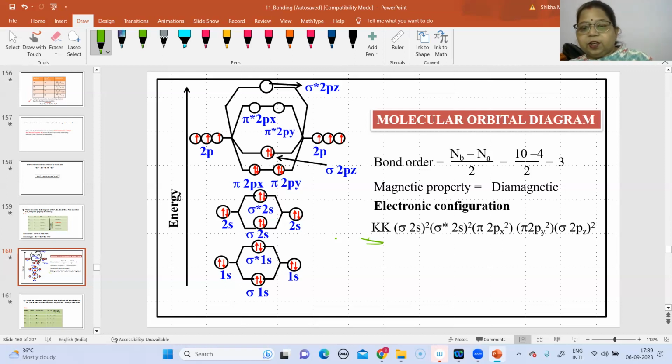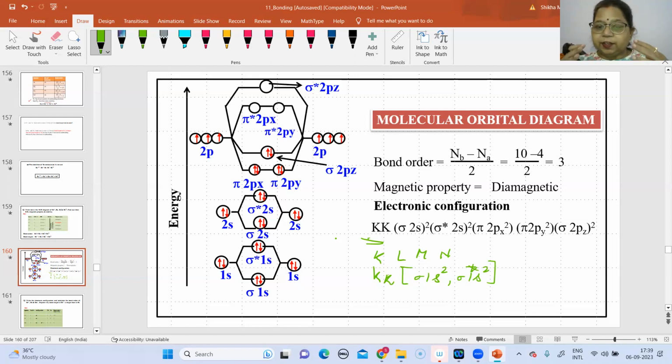Do you remember the atomic orbitals were named as K, L, M, N also? KK means we are talking about the first orbit, right? Instead of writing sigma 1s2, sigma 1s2 anti-bonding, we have written K shell of one atom and the K shell of another atom, right?